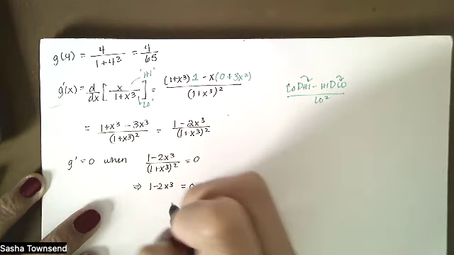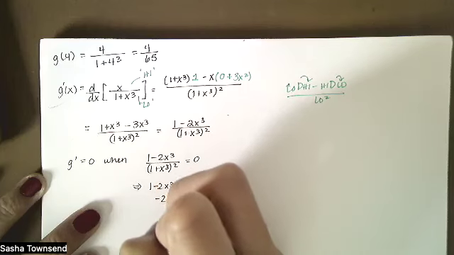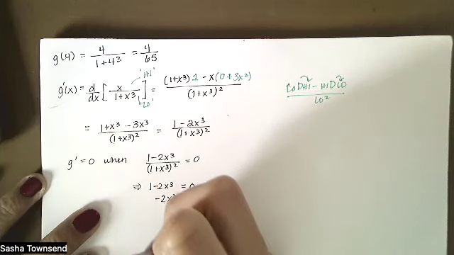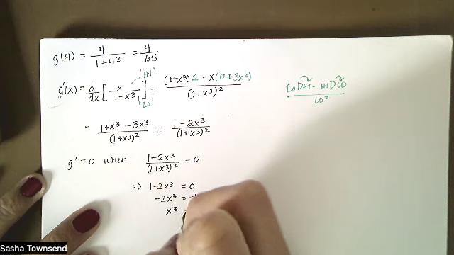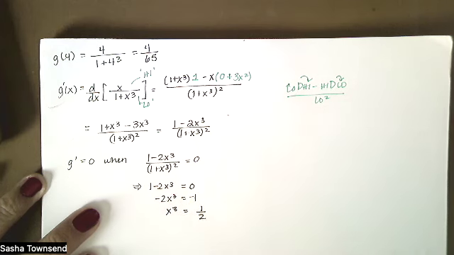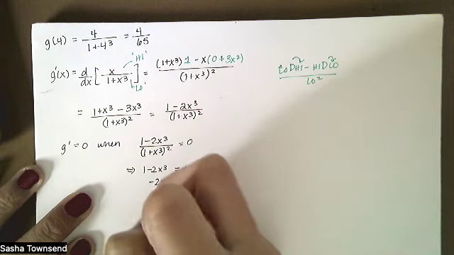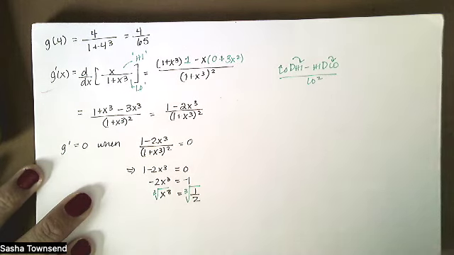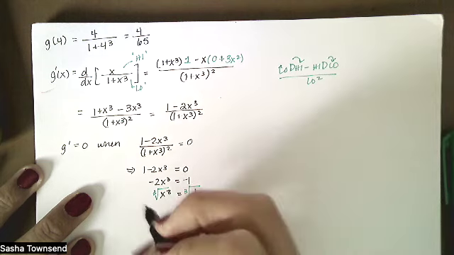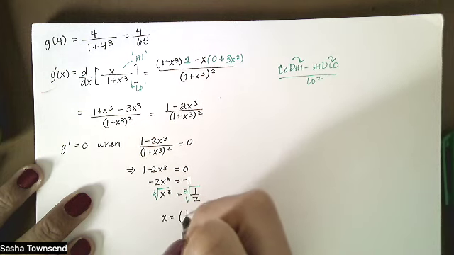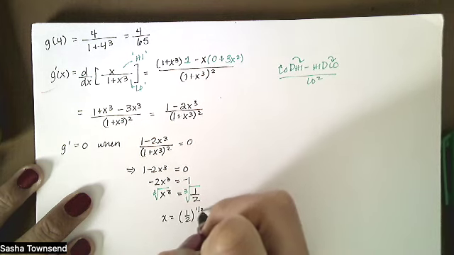Then we can solve for x cubed by subtracting 1 from both sides and then dividing by -2. And then to get the x by itself, we take the cube root of both sides. Remember, the cube root is the same as the 1/3 power. So x equals 1/2 raised to the 1/3.